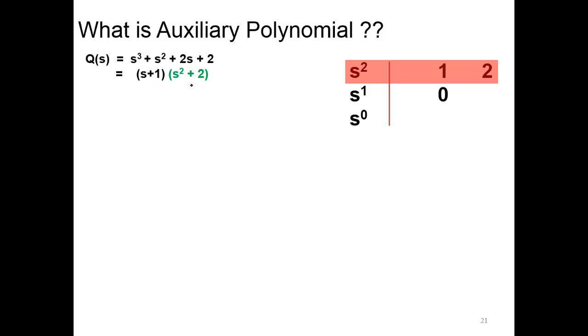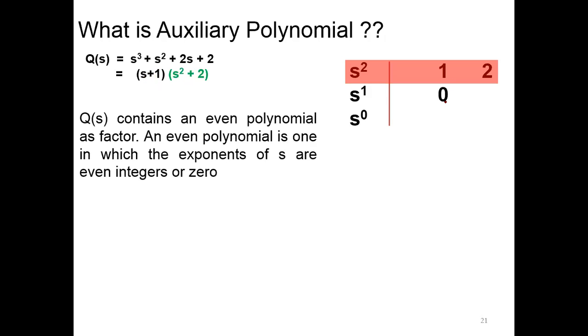If we consider this even polynomial and write it here, we get a row of 0. The auxiliary polynomial is an even polynomial. An even polynomial is one in which the exponents of s are even integers or 0, like s raised to power 2, s raised to power 4, and s raised to power 0.